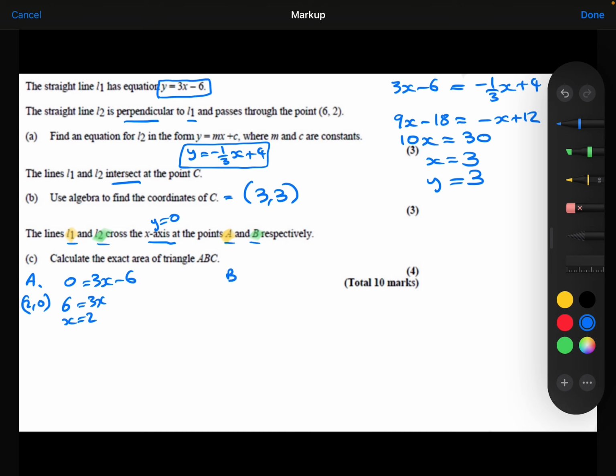For point B, we're going to take the L2 equation. And again, to work out where it intersects with the x-axis, we're going to make y 0. Add the 1/3 x to both sides, times by 3. And so point B is the coordinate (12, 0).